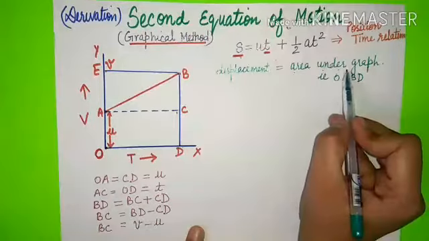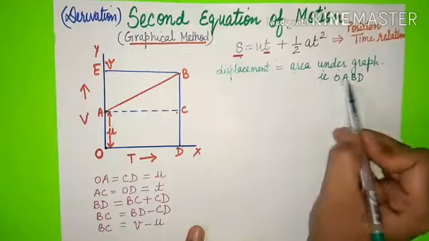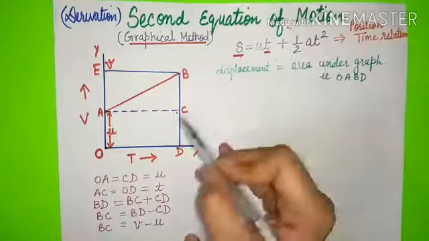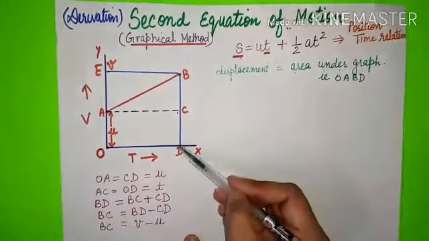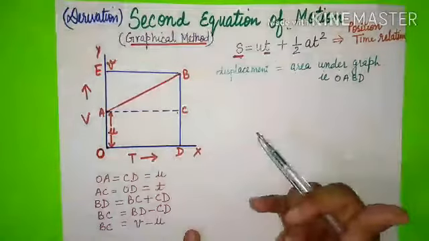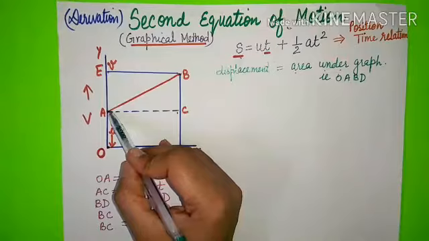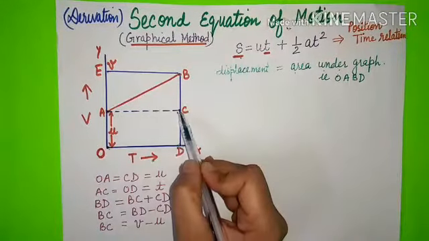As you are all aware, displacement is equal to the area under the graph, that is OABD. Now observe this graph carefully. This OABD figure consists of two shapes: one triangle and one rectangle.